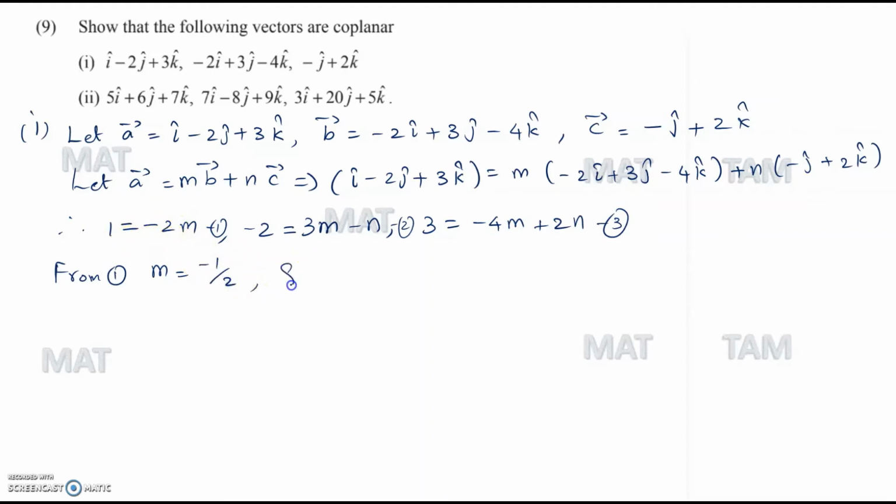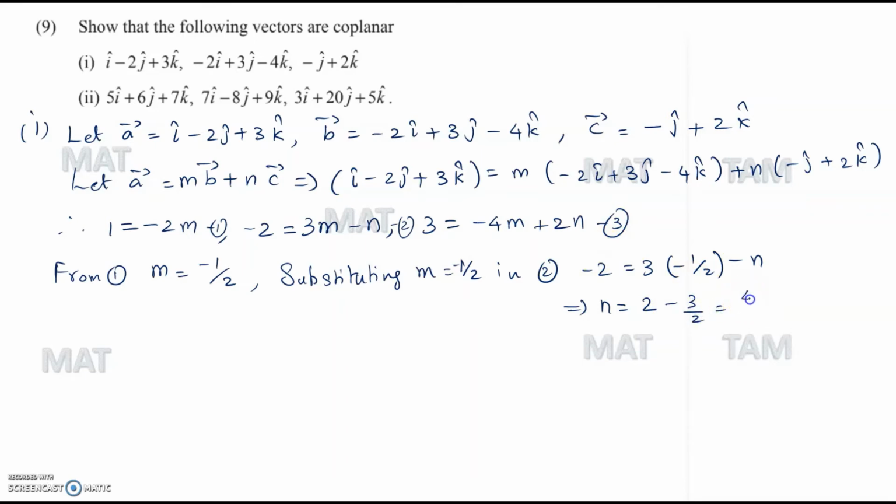Substituting m equal to minus 1 by 2 in 2, we get minus 2 is equal to 3 times minus 1 by 2 minus n. So n is equal to 2 minus 3 by 2, that is 4 minus 3 by 2, which is 1 by 2.